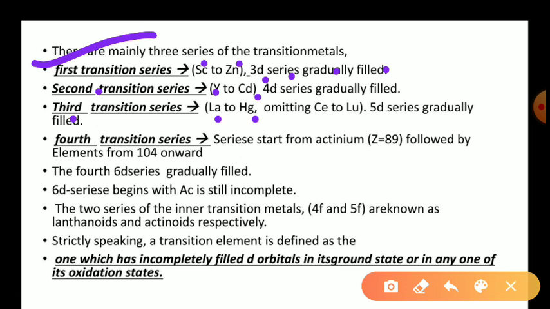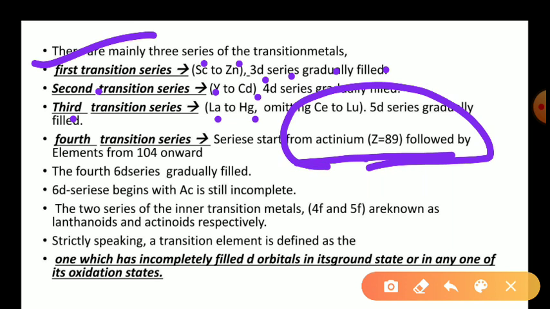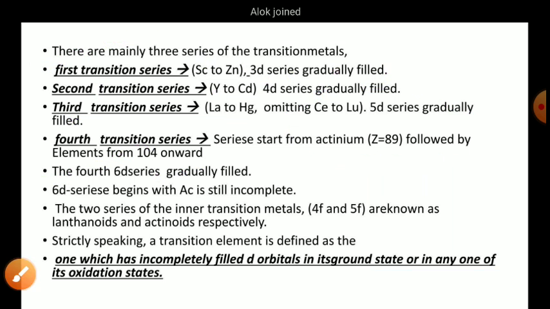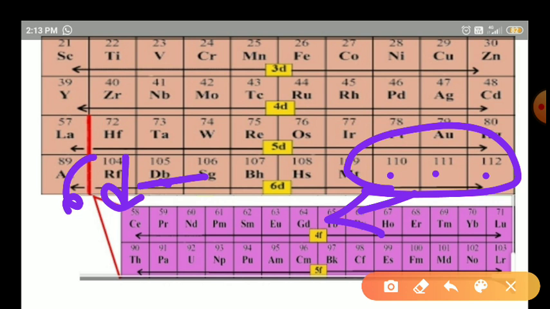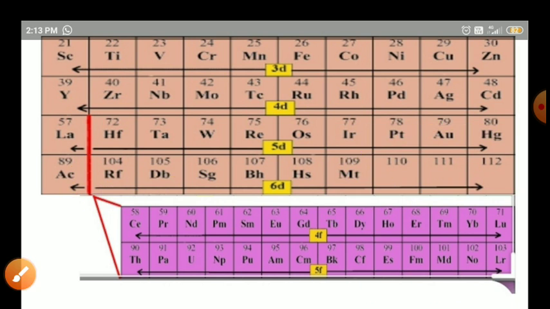This is the 6d series of elements, and it is incompletely filled because some elements are undiscovered, so the 6d orbitals are incompletely filled.